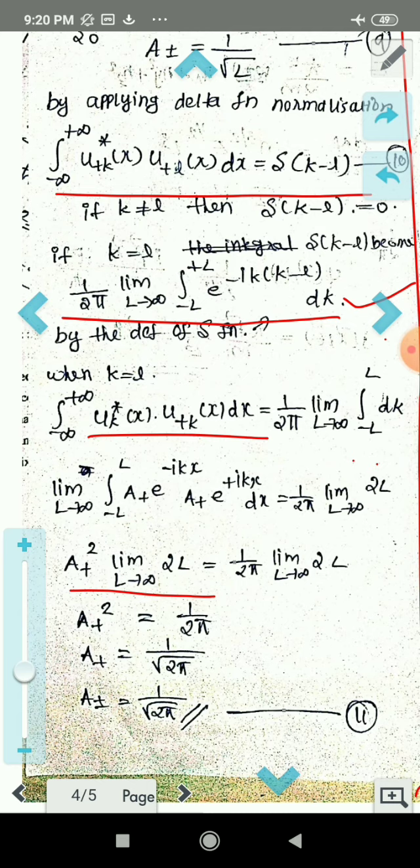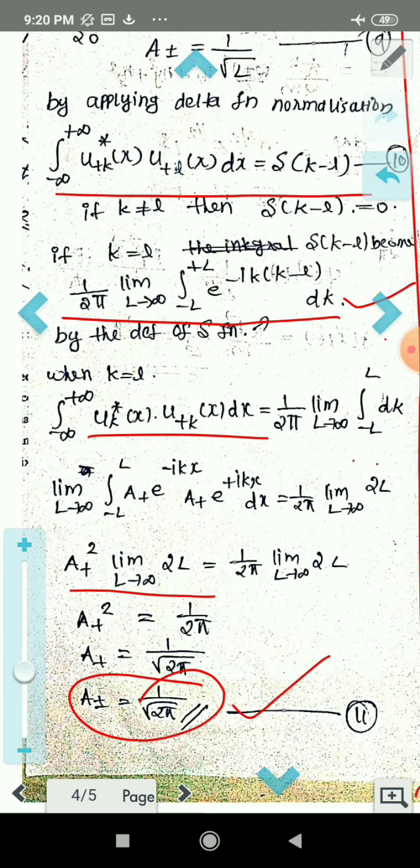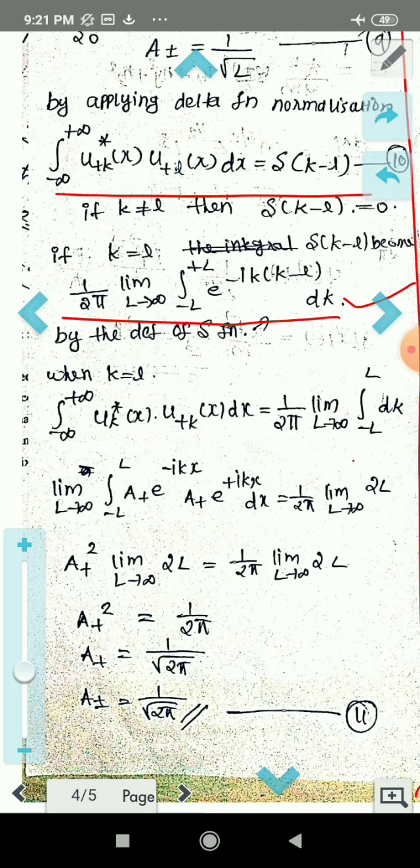And A plus is equal to 1 by root 2 pi, or A plus or minus. Similarly we can do for A minus, so that constant will become 1 by root 2 pi. So either we can write the constant as 1 by root pi, also we can write it as 1 by root L. So we are choosing this as 1 by root L here, because in our text it is written as 1 by root 2 pi.